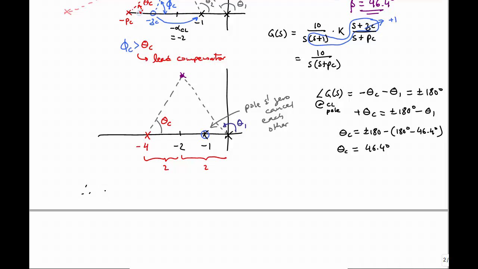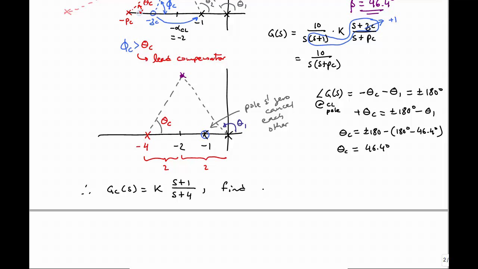We can therefore say that our compensator, G compensator, is equal to some constant times a zero at -1 and a pole at -4.